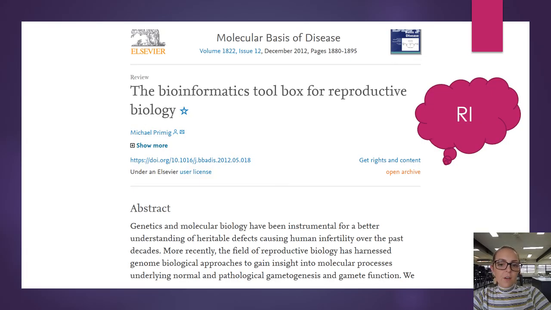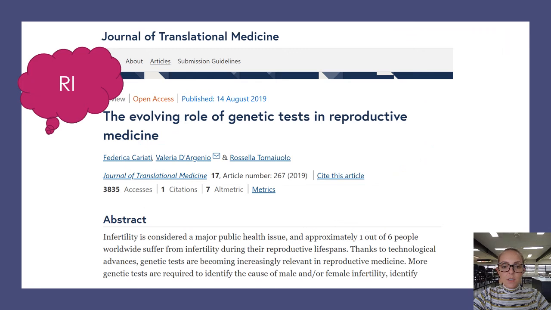Now, thinking of your RI, how can we relate this to the claims at the beginning? A quick Google search of some of these things, and I found a number of journal articles. So this one here looks at the bioinformatics toolbox for reproductive biology. So how can bioinformatics be used in this sense? This one here is looking at the evolving role of genetic testing in reproductive medicine. So looking at that pre-implantation screening sort of stuff.